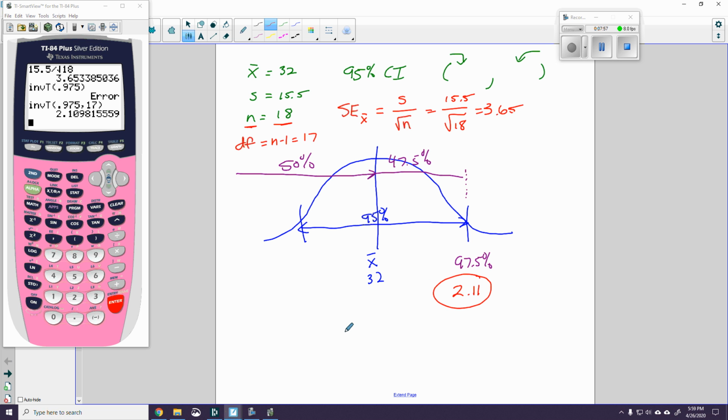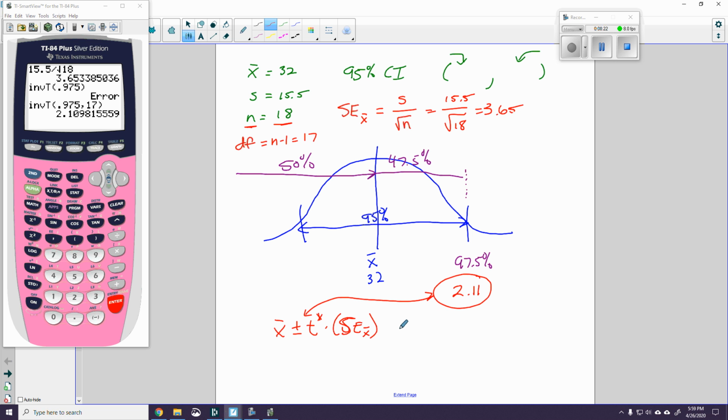So to calculate my confidence interval, I take my x bar and I go plus or minus my t asterisk. This is my new critical value times my standard error, that is, the s standard error of my x bar.